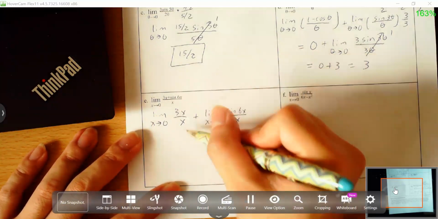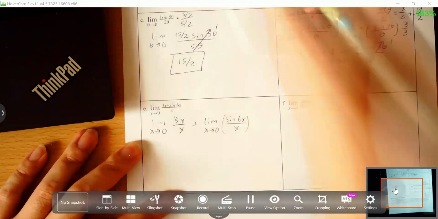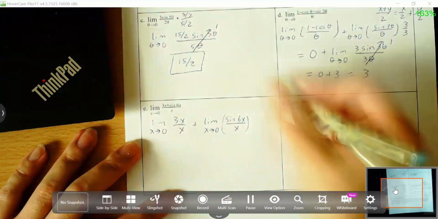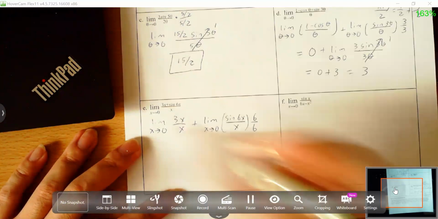Well, I know that this looks like the limit that I have on the top. I just need to multiply top and bottom by 6. 3x over x is just 3.